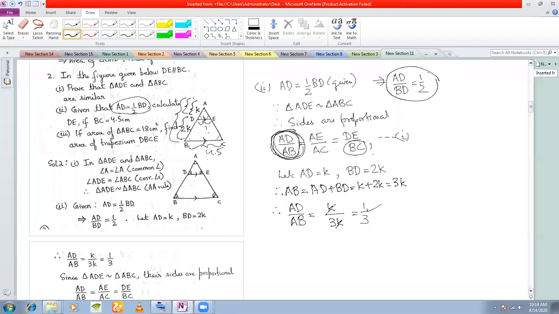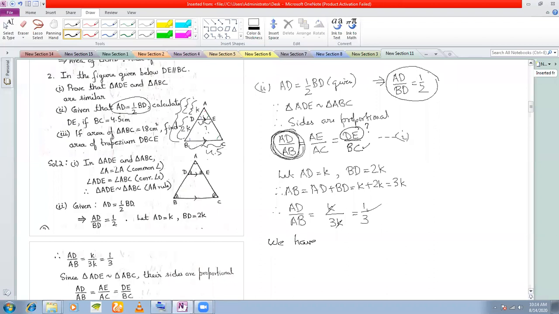So I know AD by AB. What else do I know? I know BC. I don't need to calculate BC; BC is already given to me. I need to calculate DE. So which equality will I consider? The first and the third.